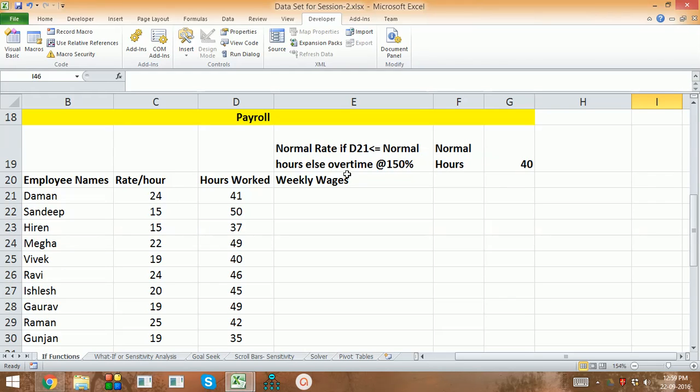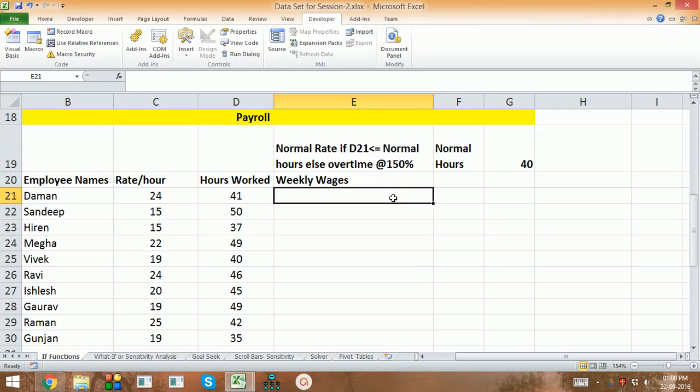And if there's overtime, so if the hours worked in a particular week are more than 40 hours, the rate would be 1.5 times the normal rate for whatever extra hours the employee worked.